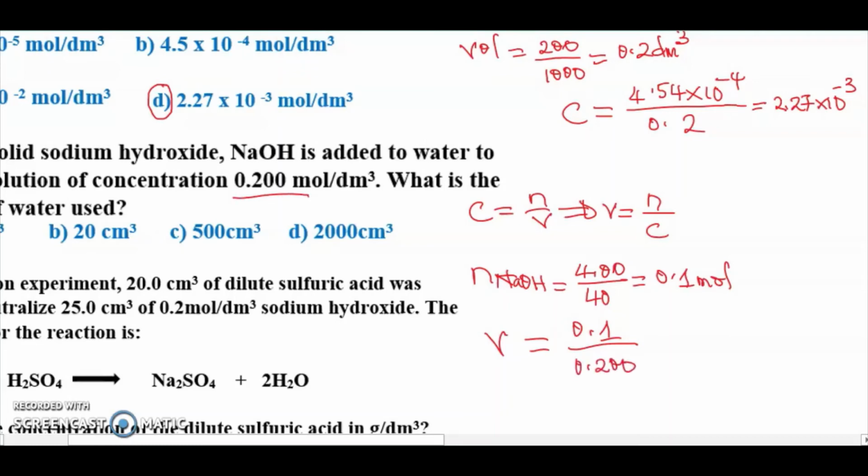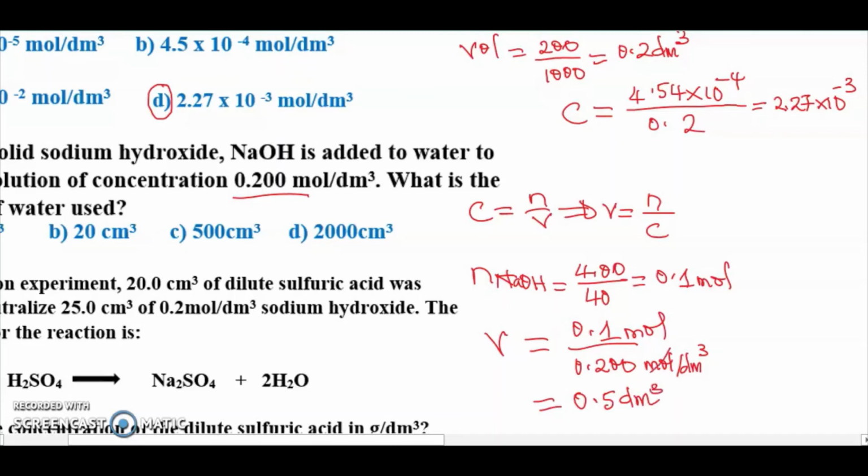0.200 mole per dm³. So here we have mole and here we have mole per dm³. So finally, what do we obtain? We have 0.5 dm³.